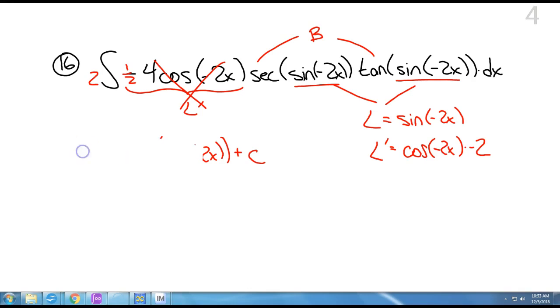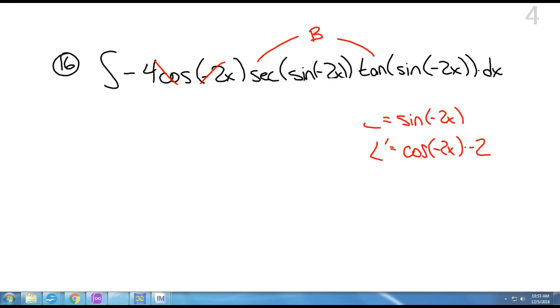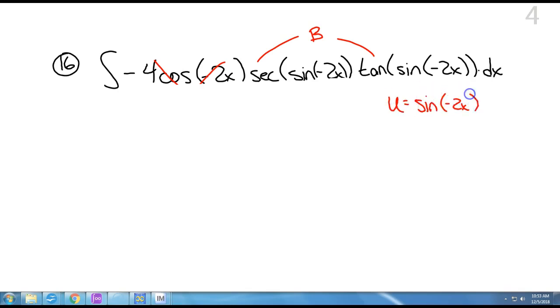All right, so for the u method, is it okay if I don't rewrite it? I just do this. U is the little guy. So what we're calling L and what they call u are the same thing. So u equals sine of -2x, which means the derivative of that would be cosine of -2x times -2.